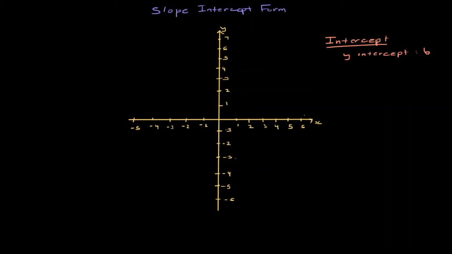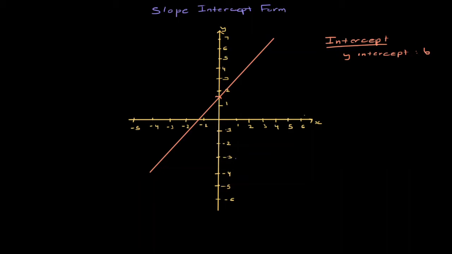The y-intercept is the point where a line, say we had some line like this, crosses the y-axis. So you see the point is right here.